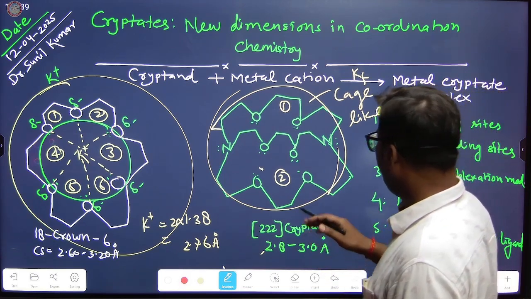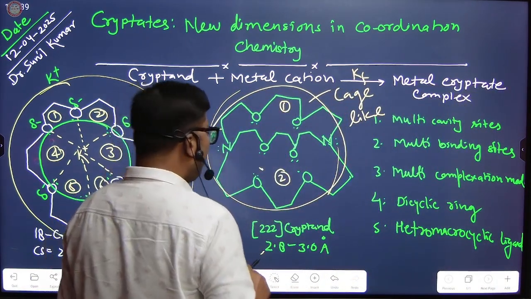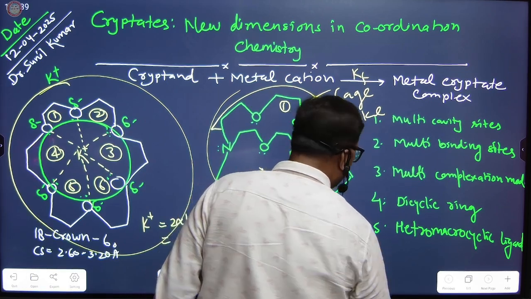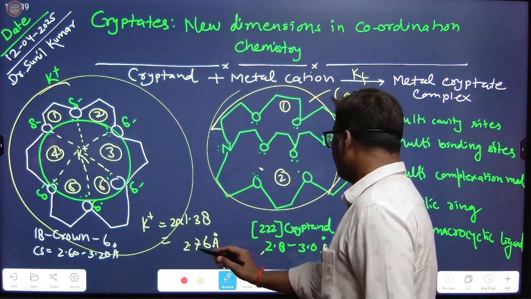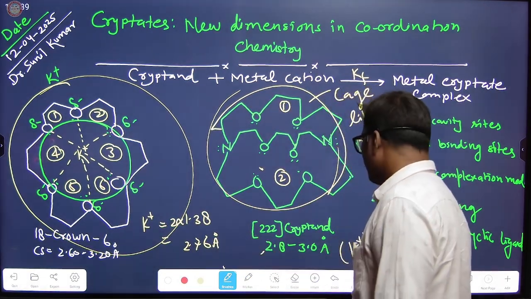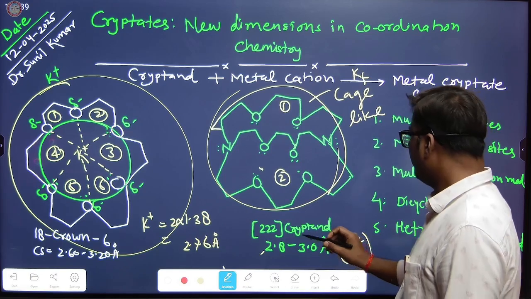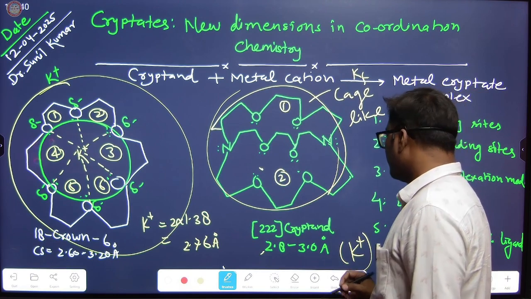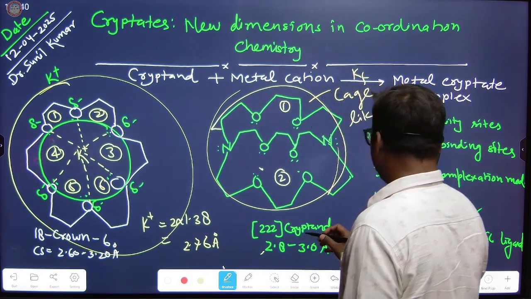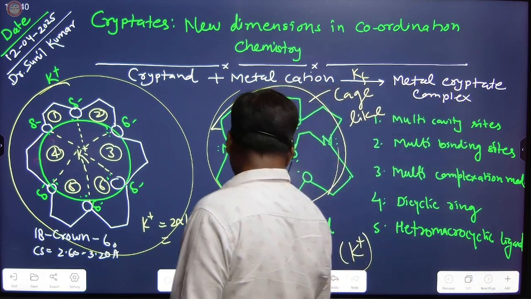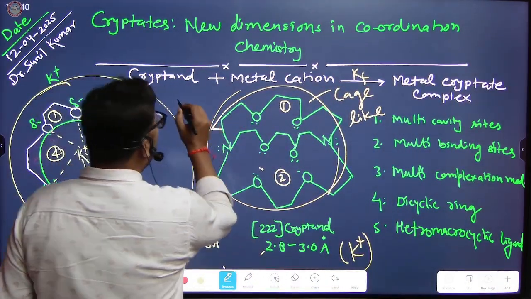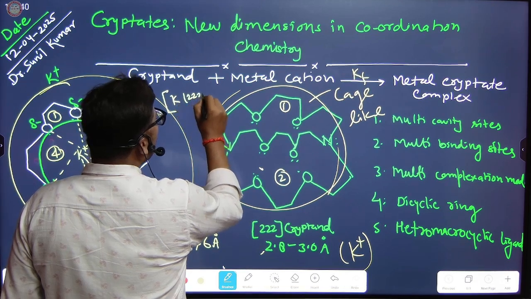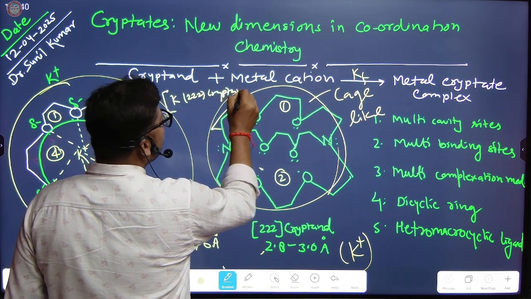So suppose it has a high tendency to form complexes with potassium, right? Potassium plus has a diameter of 2.76, which realistically lies in this range. So it forms complexes with such a 222 cryptand. So it forms the K222 cryptand, right?